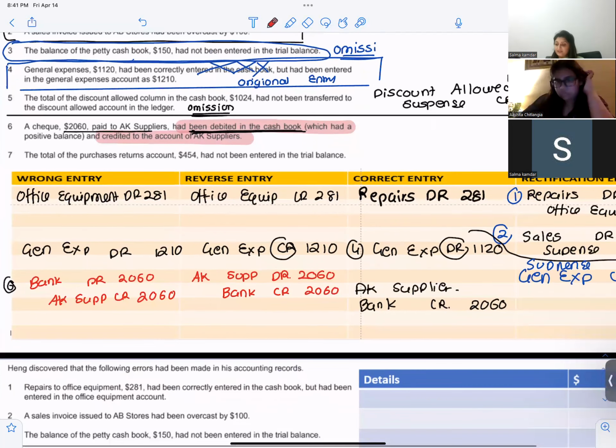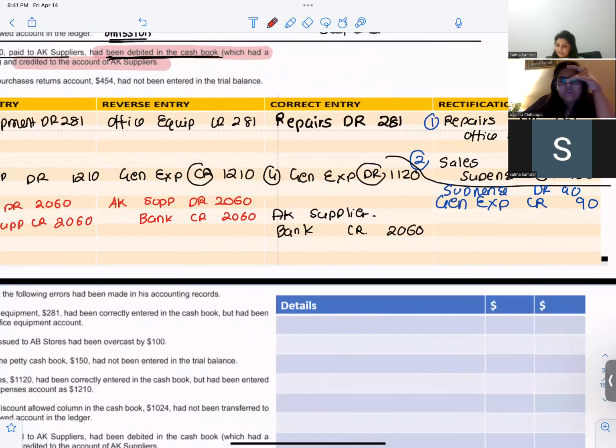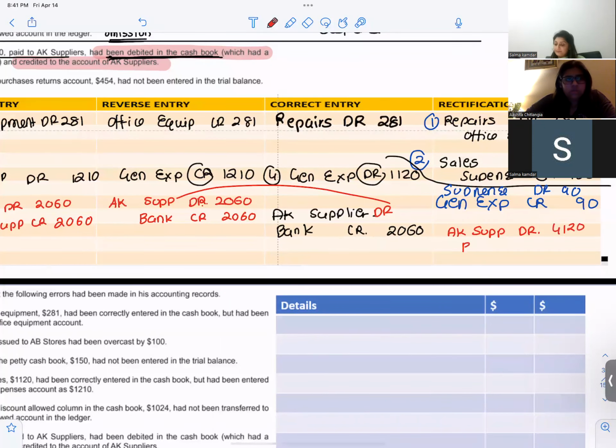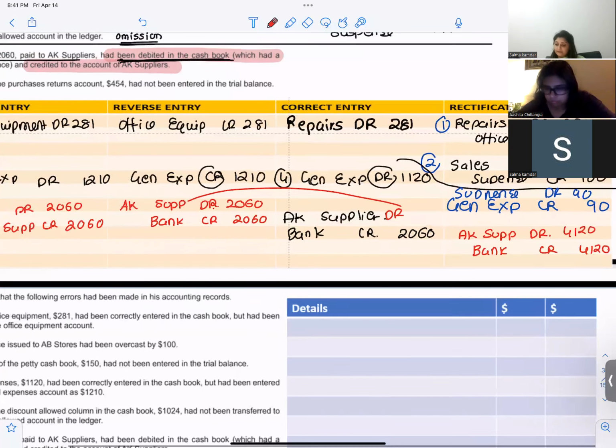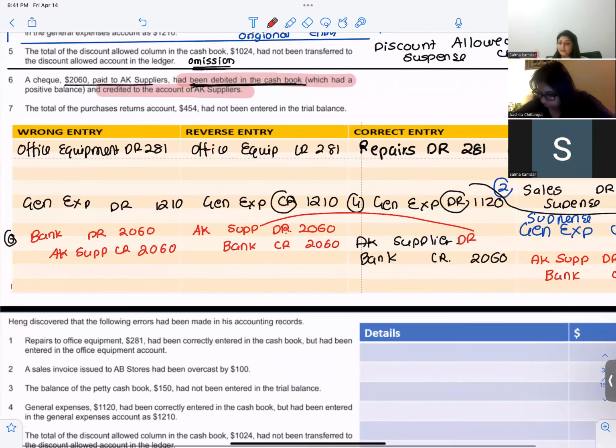What will the rectification entry be? Do you have to add both the amounts? Yes, debit and debit you will add. So AK suppliers debit 2060 plus 2060, 4120. Bank will be credited by 4120.